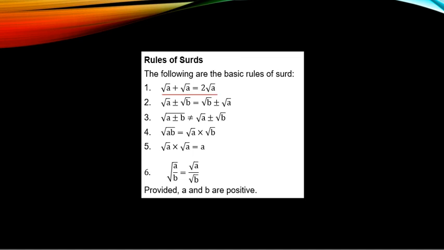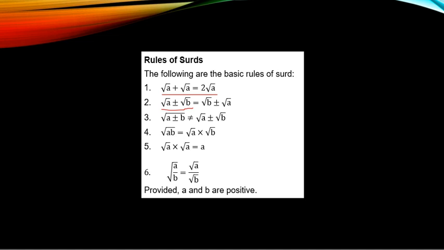What this rule means is that two of the same surd can be added. The second rule, square root of a plus or minus square root of b. This means two things. It means root a plus root b and root a minus root b.